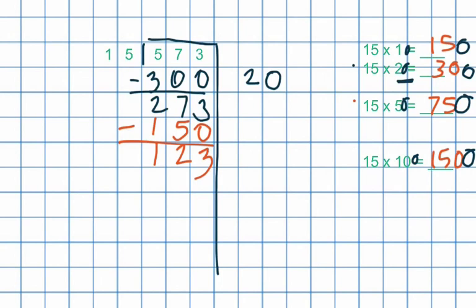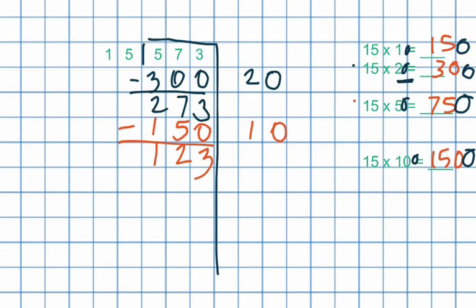I'm thinking to myself, what did I multiply 15 by to get 150? Well, look, right over here, I multiplied 15 times 10. So I'm going to put 10 on the outside of my line. Now I'm left with 123.